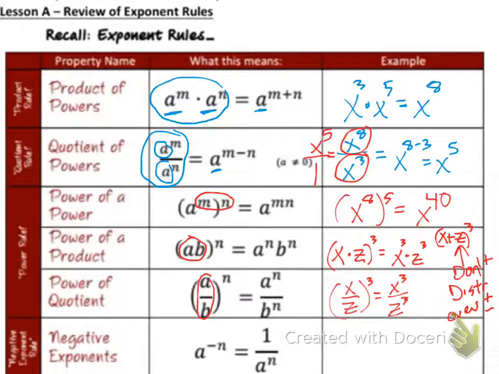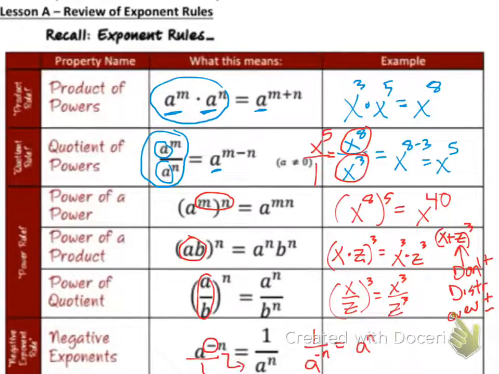This last one, the reciprocal rule with negative exponents. If you have a to the negative n, that equals 1 over a to the n. And on the flip side of that, quite literally, if I have 1 over a to the negative n, then you can write that as a to the positive n. I think of it as wherever this is currently located, if you have a negative exponent, it means you can move it to the other part of the fraction.